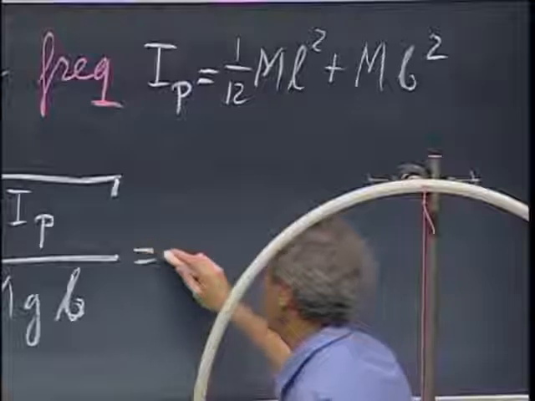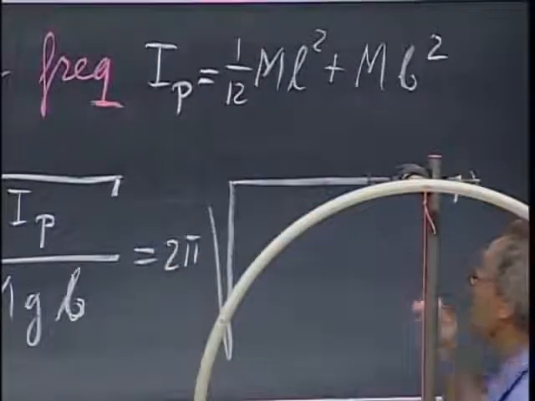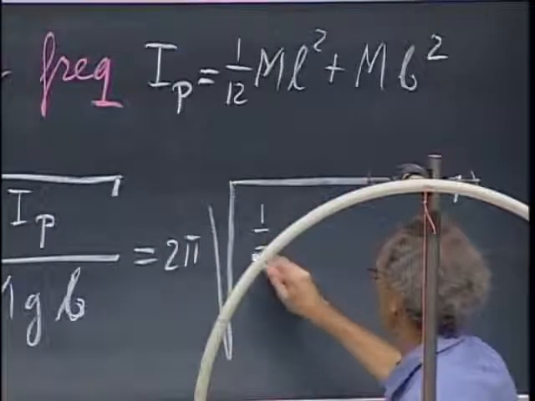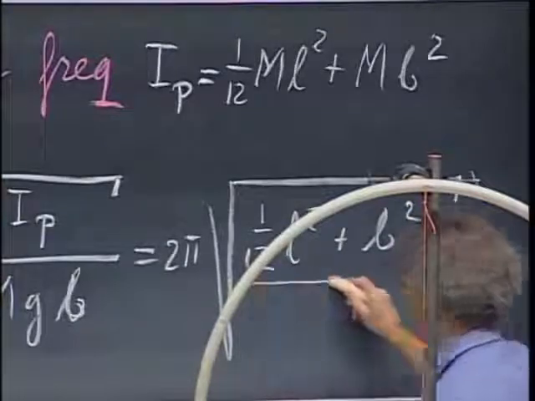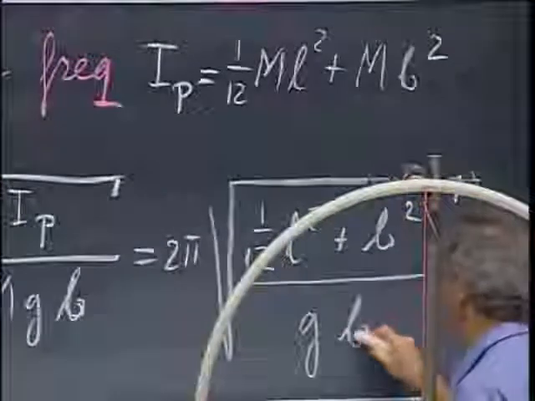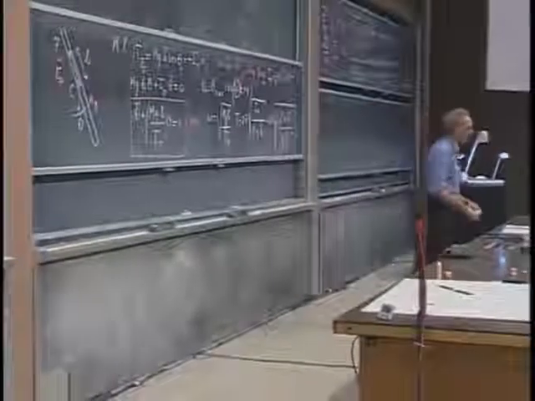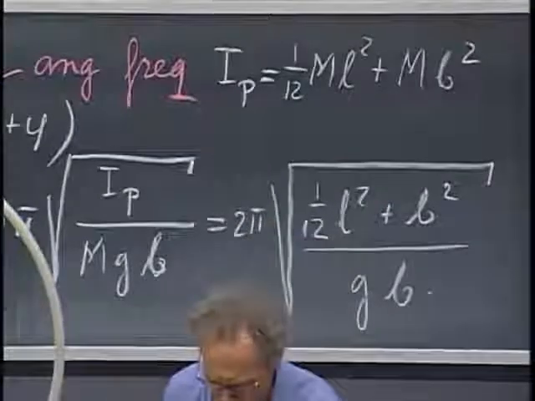And so now we find that the period is 2π times the square root of, I lose my m, so I get 1/12 L squared plus b squared, and I get here gb. And that is a very simple result when you come to think of it. I mean, this would have been a complete headache to do in any other way.